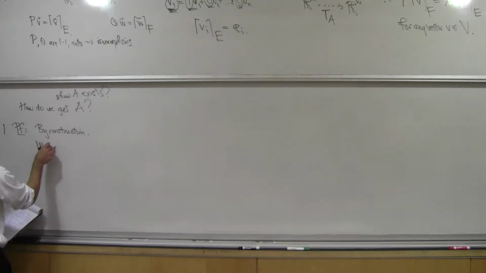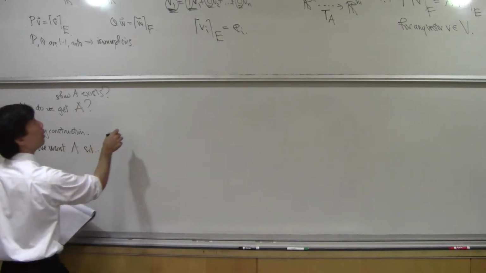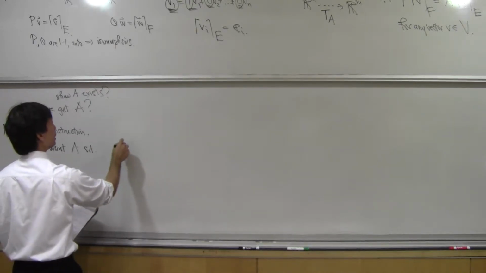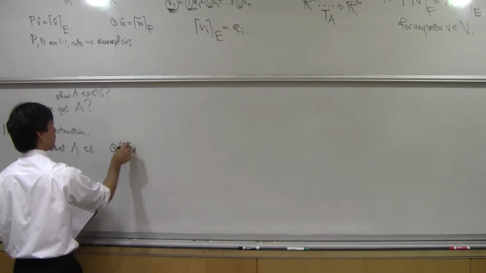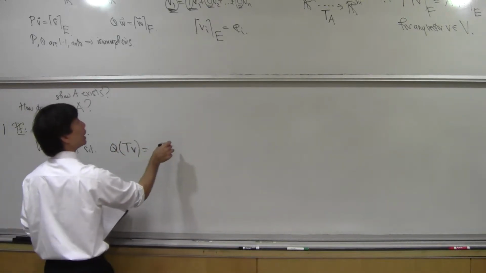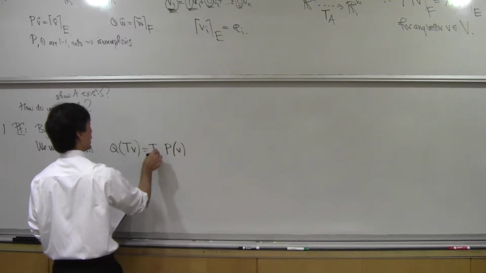We want A such that if you take TV followed by Q of TV, you get the same thing as PV followed by TA.